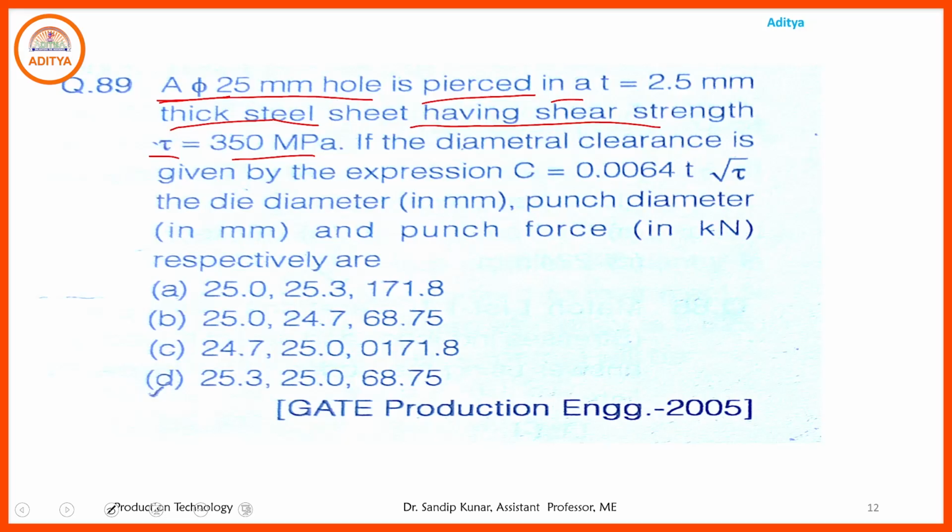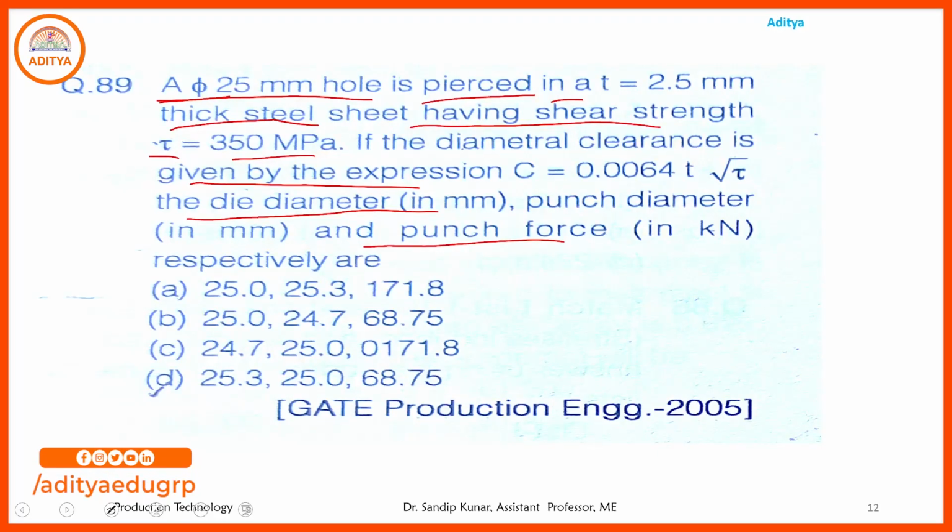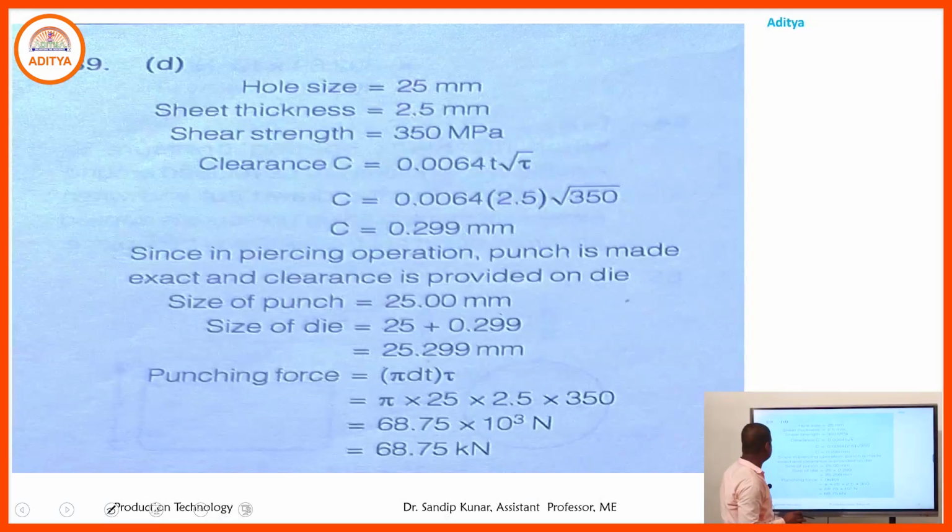If the diametral clearance is given by the expression C equals 0.0064 t root over tau, what are the die diameter in millimeter, punch diameter in millimeter, and punch force in kilonewton respectively? Now we will find out using the solution.